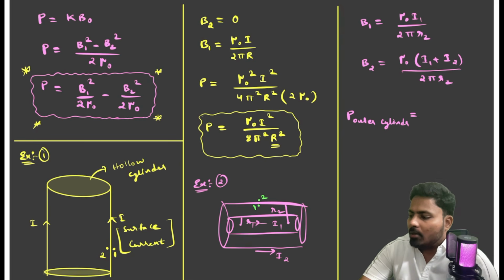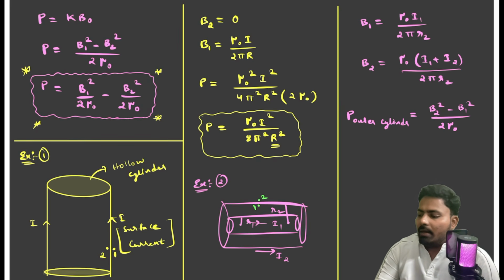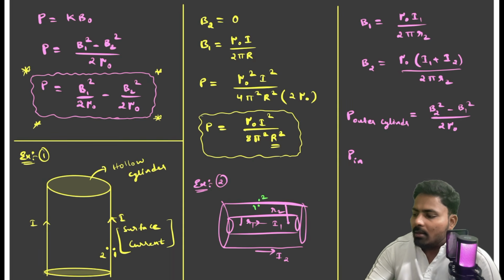So here I can use the formula directly, as the outside one is more. Simply I can write B2 square minus B1 square by 2 mu naught. Similarly, you can also find the pressure on the inner cylinder. For the inner cylinder, I consider two more points.